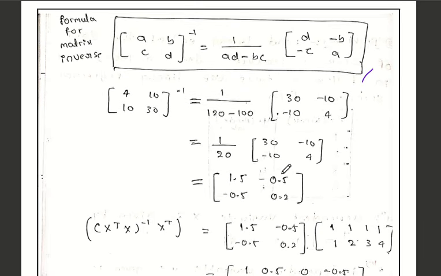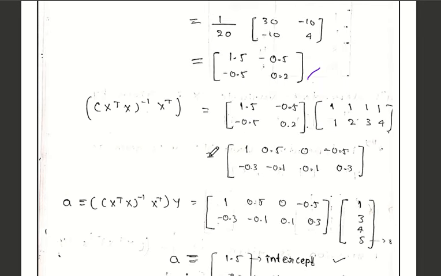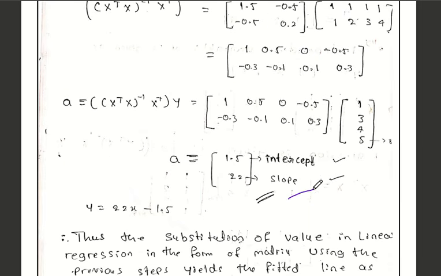So you will get the transpose of this value. Then simply add those values in the formula and find the a value. Here the first value is the intercept and the second is the slope.